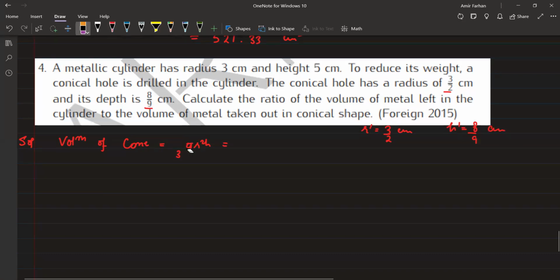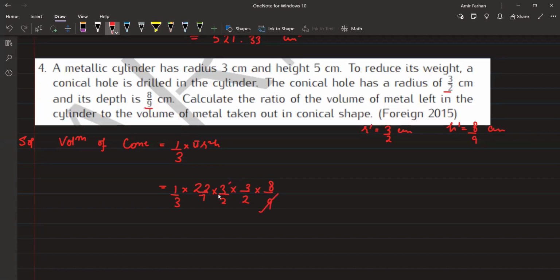Put the values here. 1 by 3 into pi r square h. So 1 by 3 into 22 by 7 into r, which is 3 by 2, into 3 by 2, into 8 by 9.